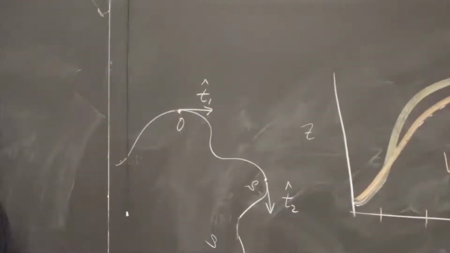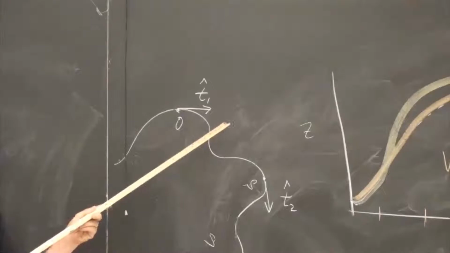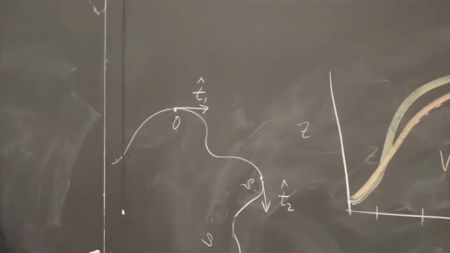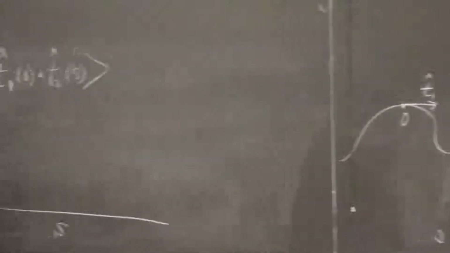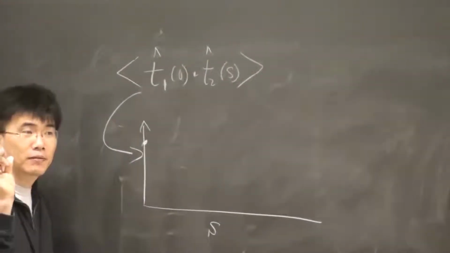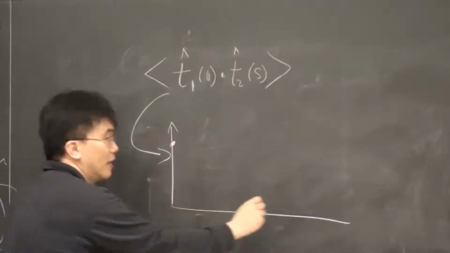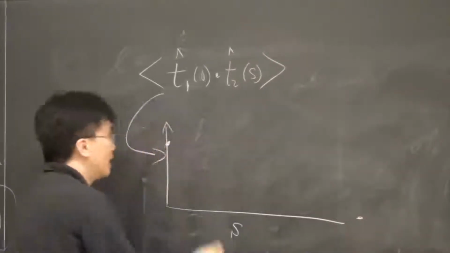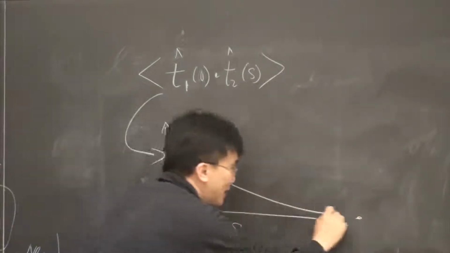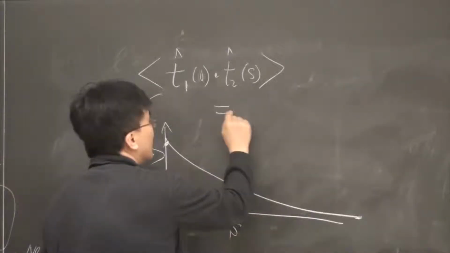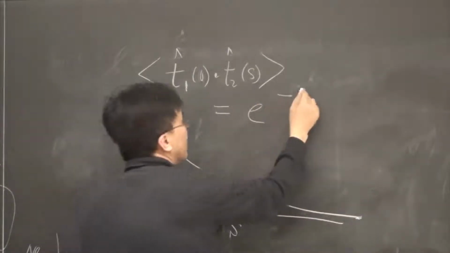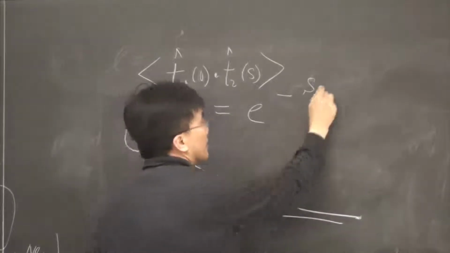So they are independent of each other. So if you take the dot product of two independent vectors and then average over all possible configurations, that should become 0, right? So you should start from here. It should go to 0. And I claim that it goes like this, exponential decay. Okay? So this actually decays exponentially as a function of S.